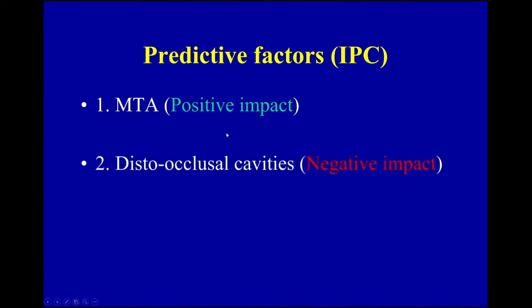And the other thing that has a negative impact is when you have a cavity that is on the occlusal distal surface. The prognosis of the cases that are occlusal is much, much better than the ones that have cavities on the occlusal distal surfaces.